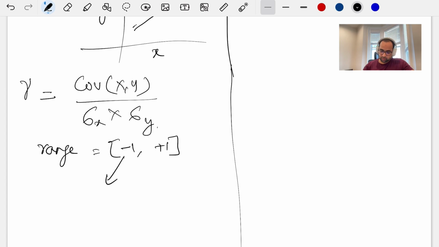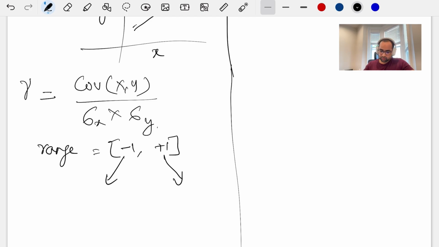Wherein -1 says that if one variable is increasing, another variable is decreasing, which means there is a linear relationship, but in the negative direction. And +1 is a perfect positive linear relationship, and -1 is a perfect negative linear relationship.